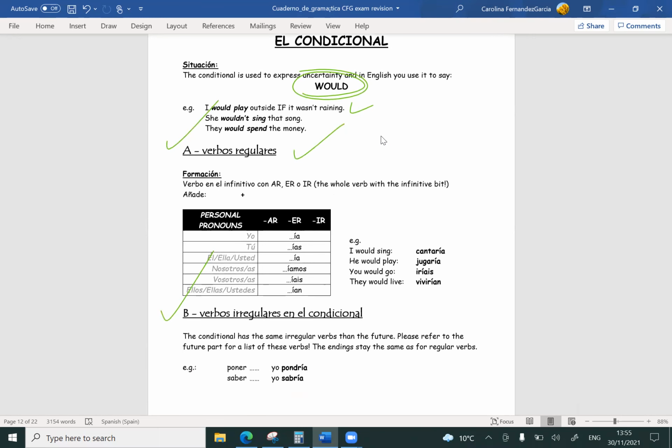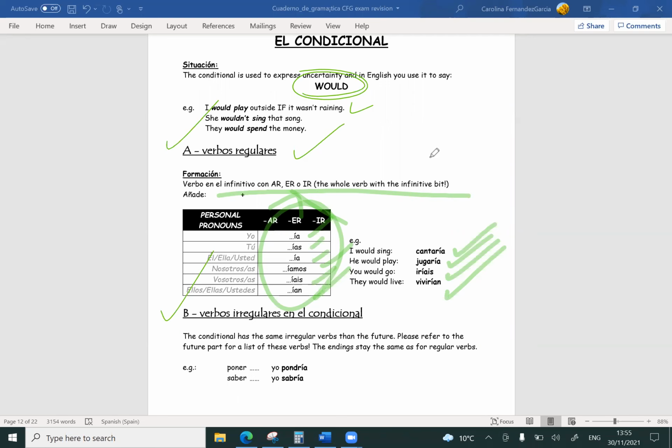Like the future, we keep the full verb with the infinitive bit, and we add these endings: ía, ías, ía, íamos, íais, ían. Cantaría, I would sing. Jugaría, he or she would play. Iríais, vivirían. So any verb that is regular, you add those endings.